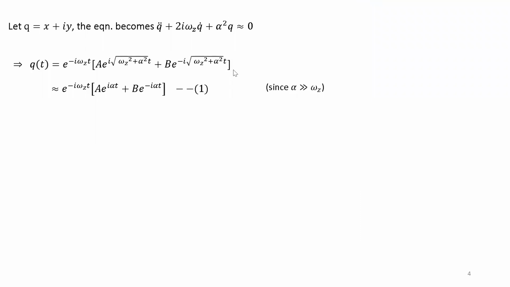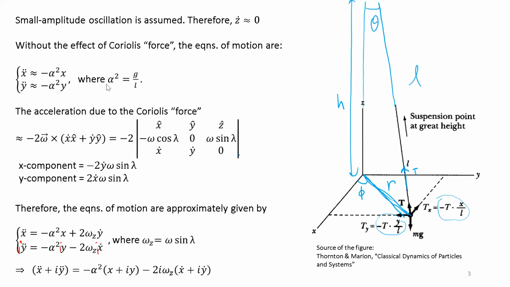Now one approximation to be made is that alpha should be much greater than omega z. Why is that? What is alpha? Alpha is the square root of g divided by L. That's exactly the angular frequency of that swinging motion. How long does it take for the pendulum to complete one cycle?